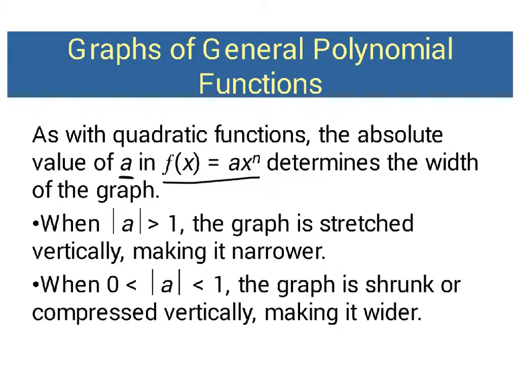This value of a, whenever it is greater than 1, the graph is stretched vertically, making the graph look narrower. And when the value of a is between 0 and 1, the graph is shrunk or compressed vertically, making it look wider. So just like we graphed functions in the last chapter, many of those rules apply here too.